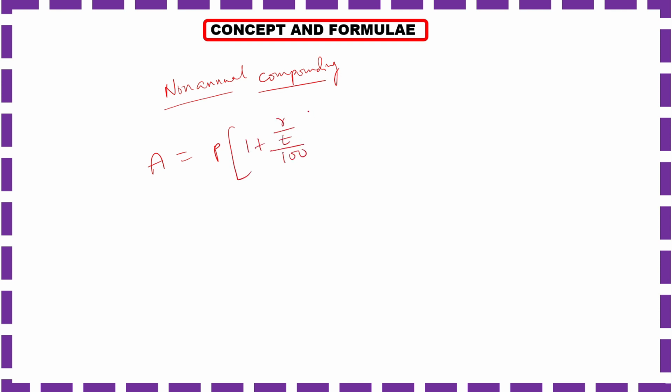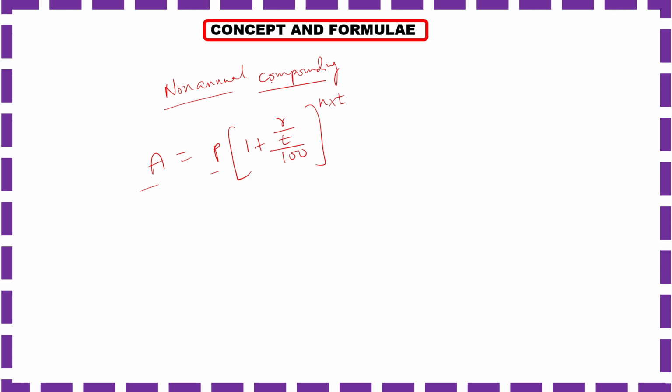So in case the compound interest is being compounded non-annually, right? In non-annual compounding, the amount will be equal to P into 1 plus R by n by 100, whole power n into t, where P is the principal, A is the amount, R is the rate of interest, and n is the number of times compounding happens in a year, right?